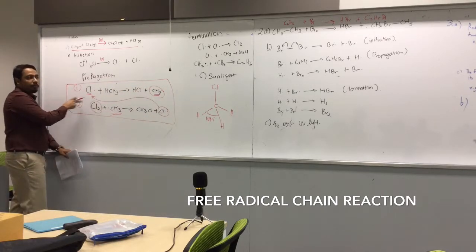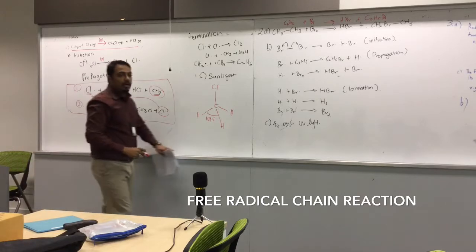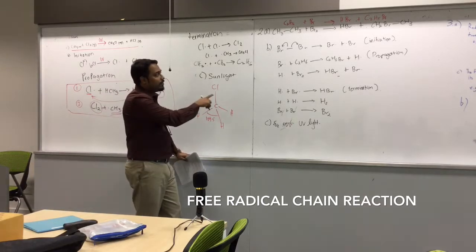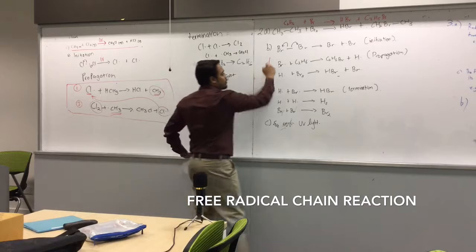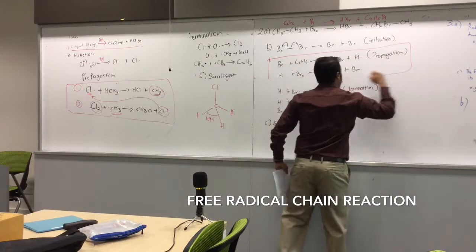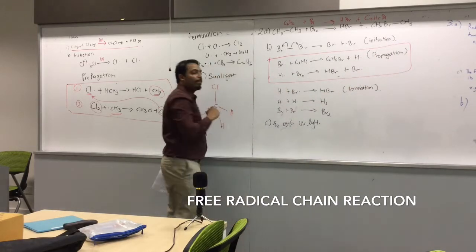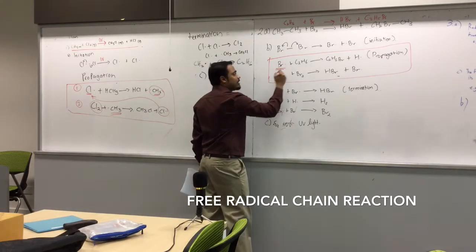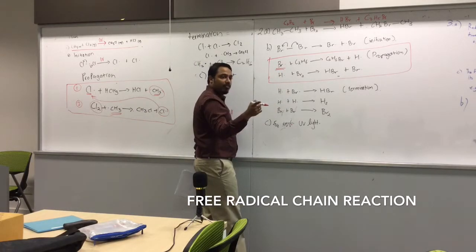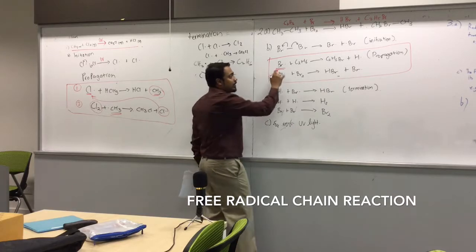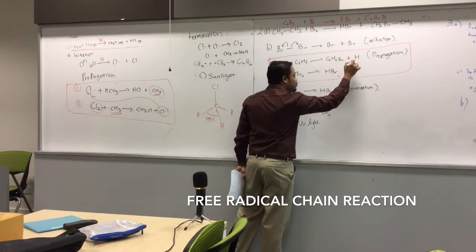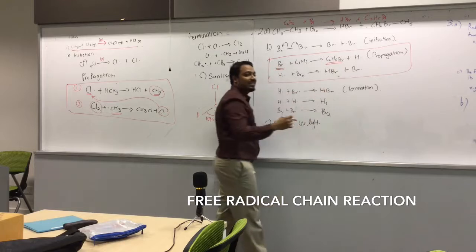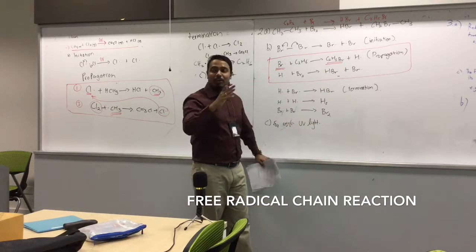Can we use this propagation to evaluate the second question's propagation I have here? What's the problem with this propagation here? What is the issue? Can you guys spot the issue? Let's see here. The first step starts with a free radical of a halogen. That's fine. But you see the product here, I do not have an organic molecule radical.